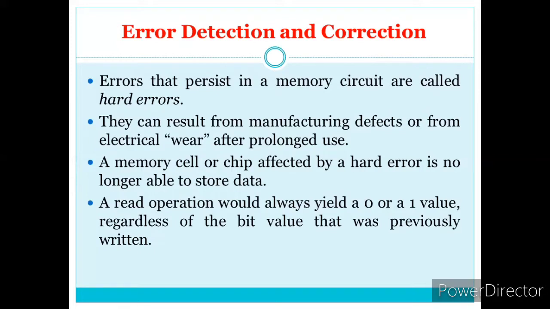That means that, due to a manufacturing defect or long use of the product, the electrical parameters start degrading, and due to that there will be an error. A memory cell or a chip affected by a hard error is no longer able to store the data. Since it is physically damaged, it is very difficult to store data.